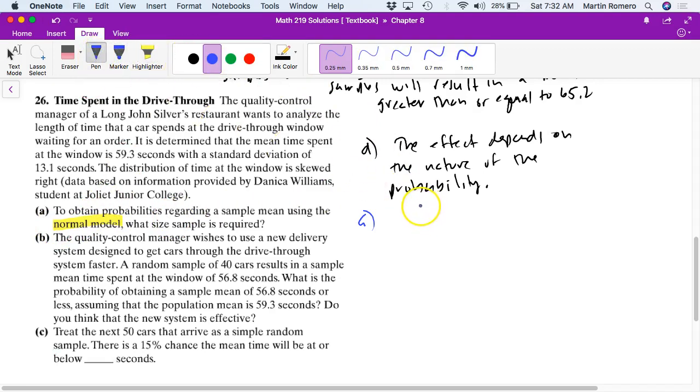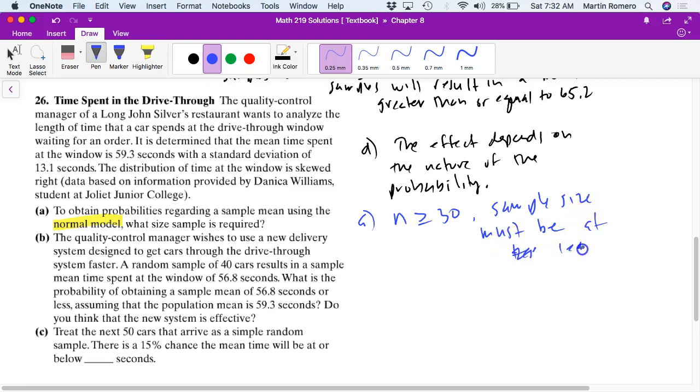The only reason that we could apply these rules if we're going to do a sampling distribution is that the sample size needs to be greater than or equal to 30. The sample size must be at least 30.